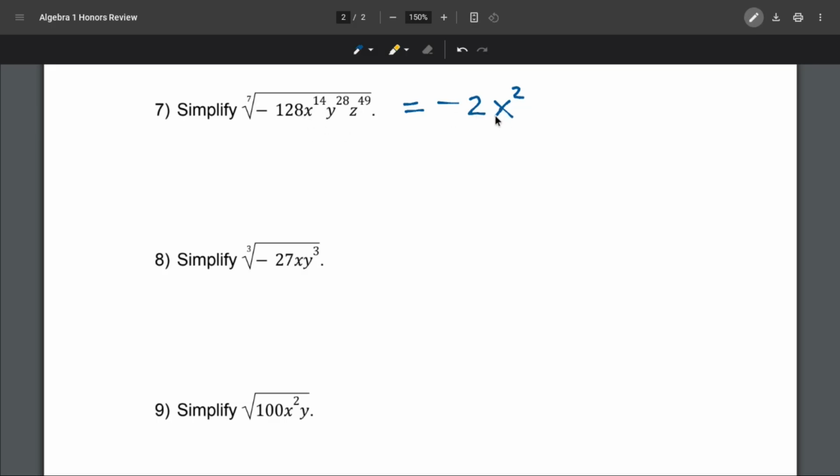If I multiply 7 x squareds together, I add up 7 2's, I get 14. The 7th root of y to the 28th power is y to the 4th power. Because if I multiply 7 y to the 4th together, you're going to get y to the 28th. And then the 7th root of z to the 49th power is z to the 7th power. Because if I multiply 7 z to the 7th together, I'm going to get z to the 49th.